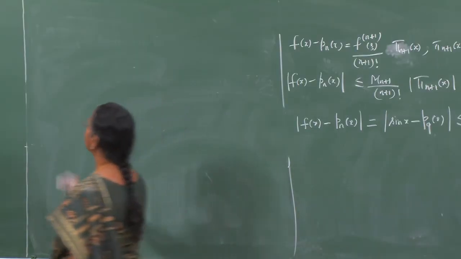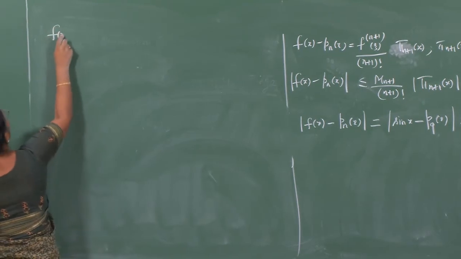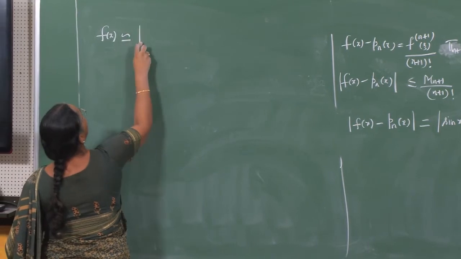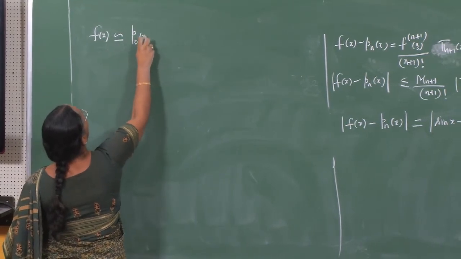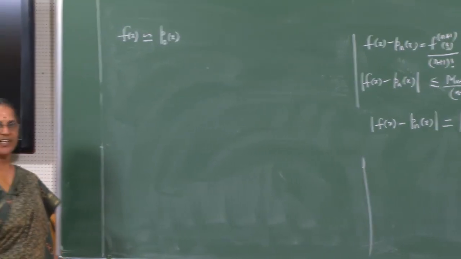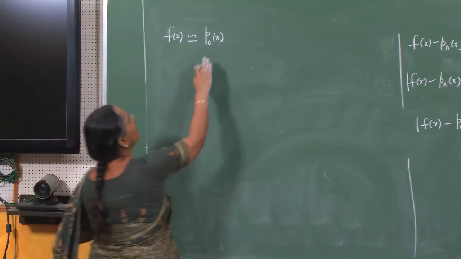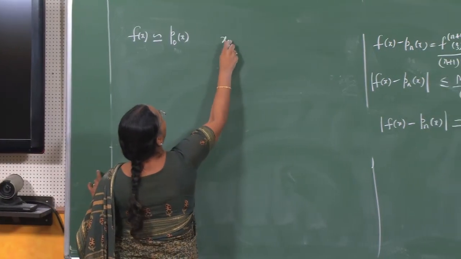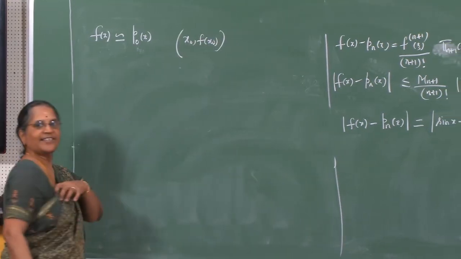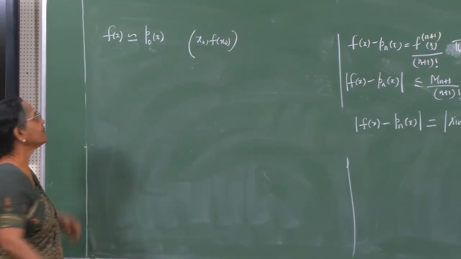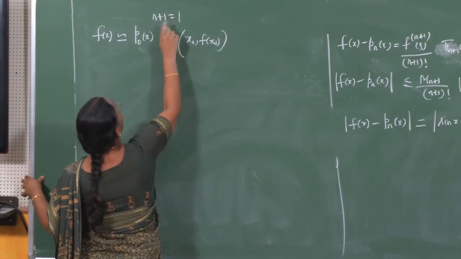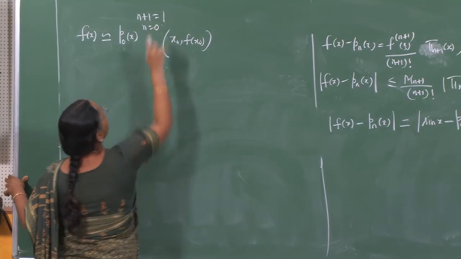So, what is my question? I have a function f of x. I want to approximate this function by a polynomial of degree 0, namely a constant function. What does that mean? I am given information at one point, namely x naught comma f of x naught. So, my n plus 1 is 1, and so n is 0.